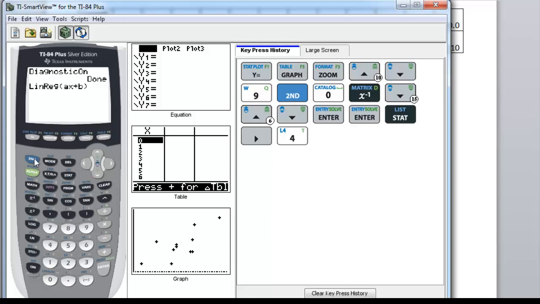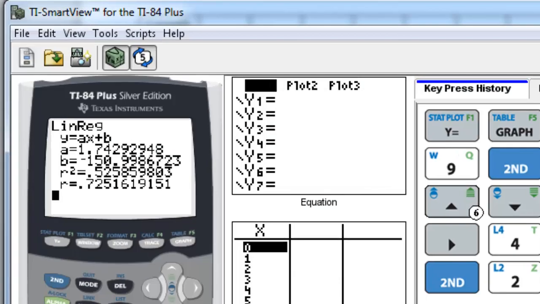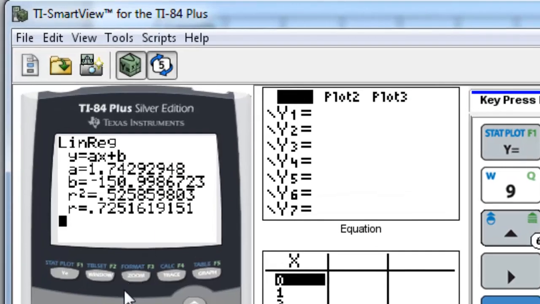So I put my X values in L1. I'm going to hit the comma above the 7 key, and then L2. Okay, and then enter.